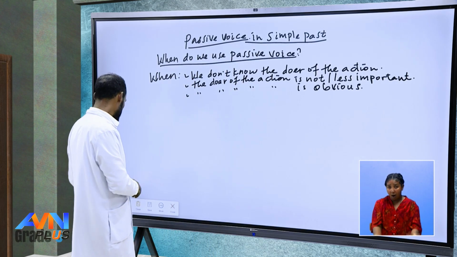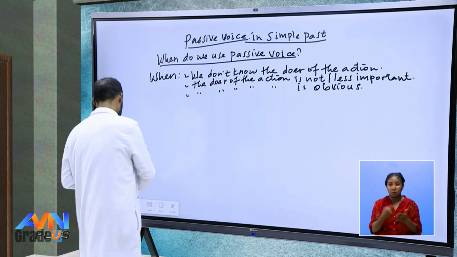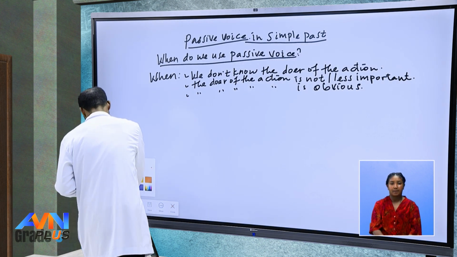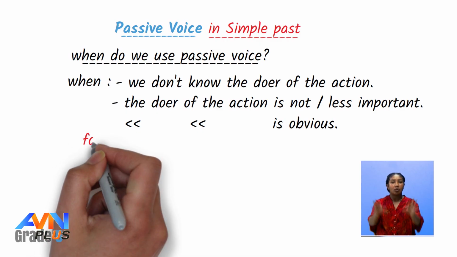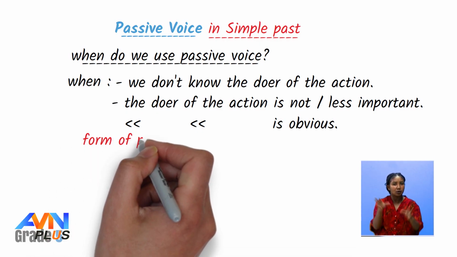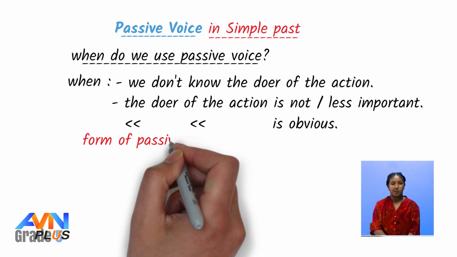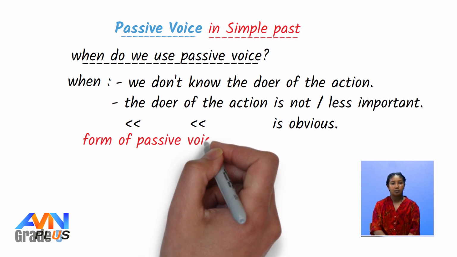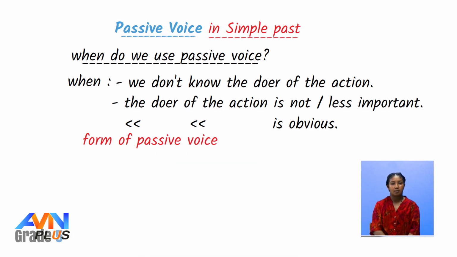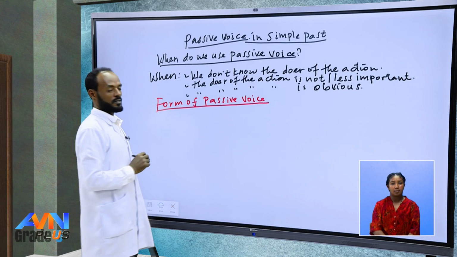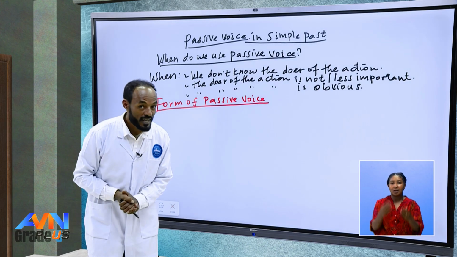Now, I'm going to show you about the form. What about the form of passive voice? Yes, the form of passive voice. Do you know that?